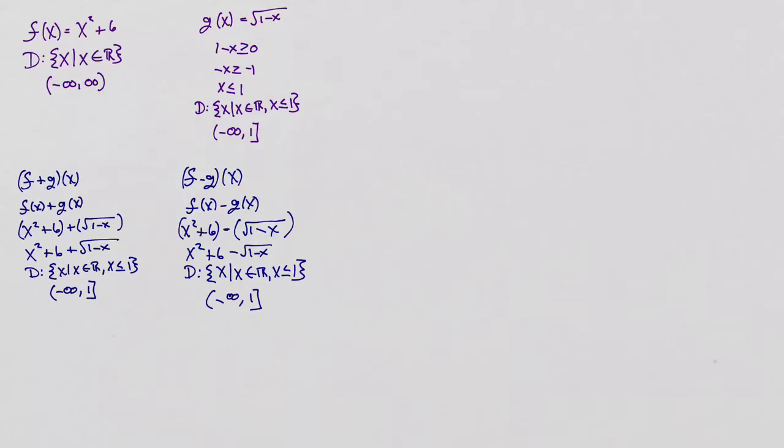All right, my next one that we are going to do is f times g of x. And of course this just means f of x times g of x. So we put them in. We're going to do x squared plus 6 times the square root of 1 minus x.